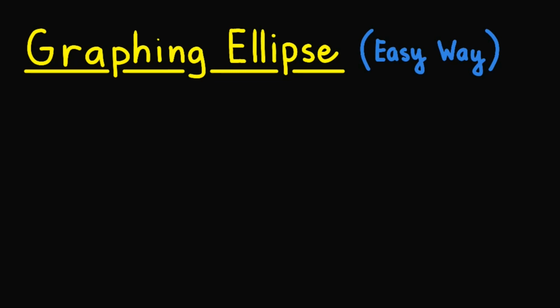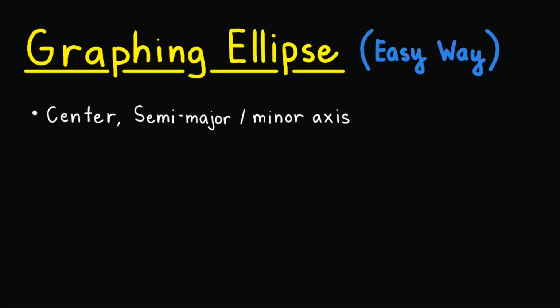To do this the easy way, we will be needing three parts: the center of the ellipse, as well as the semi-major and semi-minor axis of the ellipse. If you don't know how to obtain these parts, you may check out the previous video on this playlist, where I teach how to obtain these parts of an ellipse from its equation.